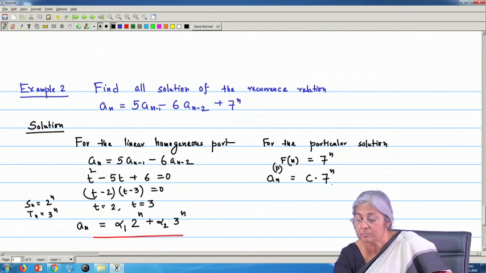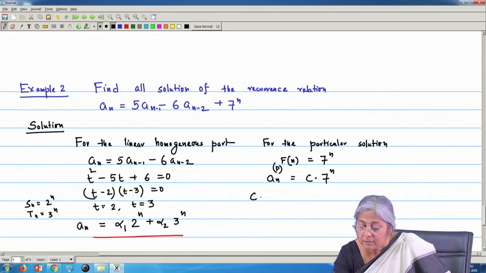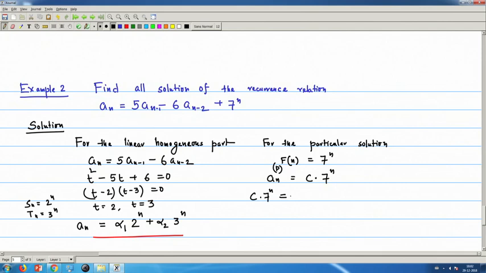The solution is of this form. So, if I write a n p equal to 5 a n minus 1, there I get c 7 to the power n minus 1 minus 6 c 7 to the power n minus 2 plus my f n, 7 to the power n.